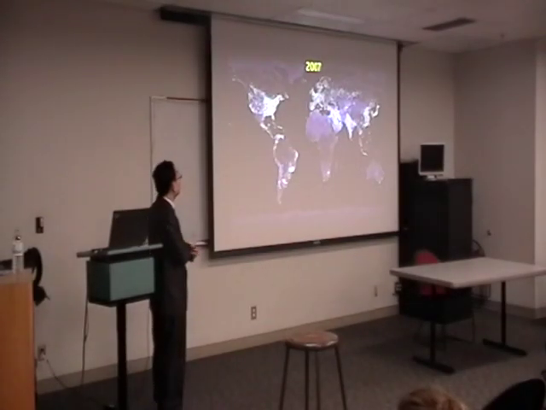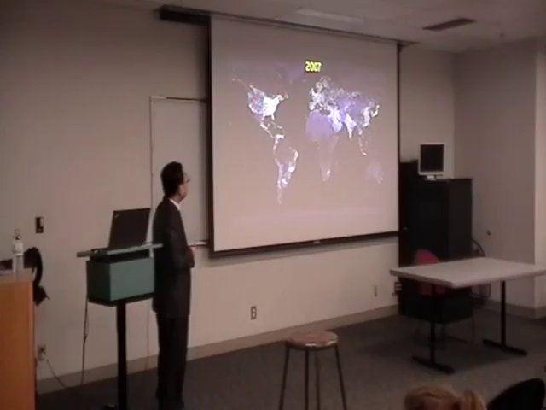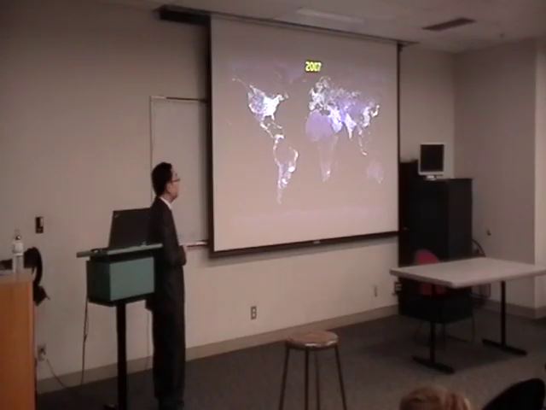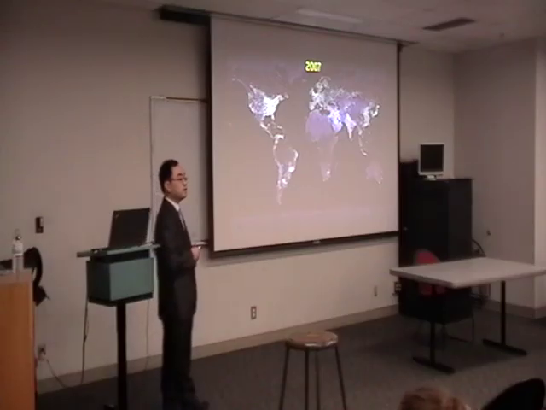This is the global electricity usage map in 2007. Here is the US, and maybe Davis is Northern California here. Over the last decade, about 22,000 gigawatts has been newly installed globally. Over the next decade, we can expect the energy demand will be doubling.